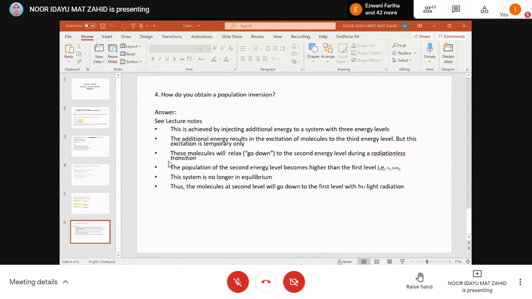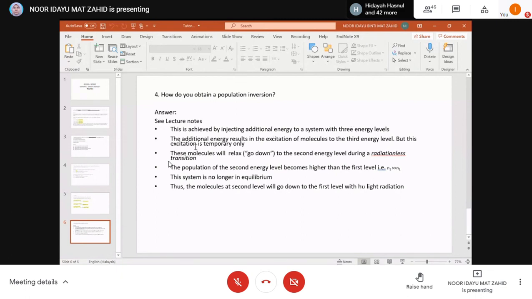Because with conventional population, you will always know that the lower level is more populated than the higher one, right? That's the conventional understanding of population. But actually, you can invert this conventional population by adding the third energy level.